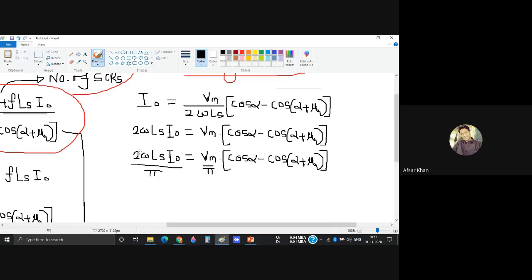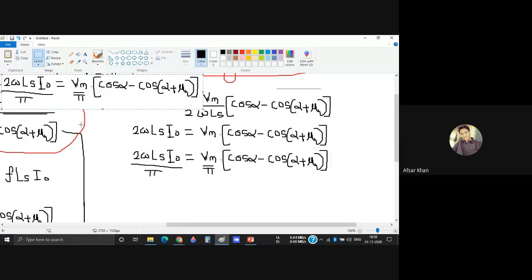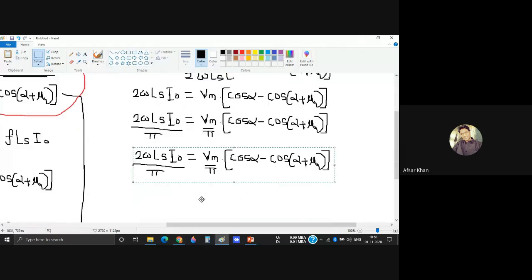And then what is omega? Omega is 2 pi f. So instead of this, I have to write 2 into omega, which is 2 pi f. So what can be cancelled out here? Here this pi and pi will be cancelled.